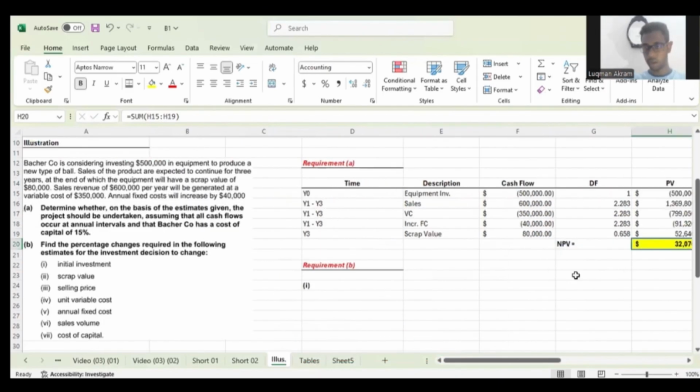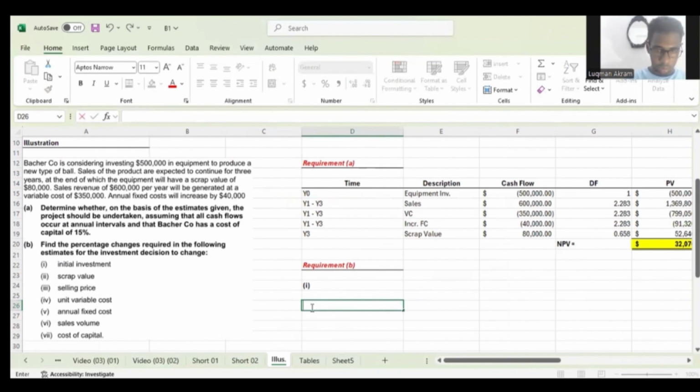Having this, we can calculate the sensitivity. Requirement B is next: find the percentage changes, which is again sensitivity, required in the following estimates for the investment decision to change. Starting off with the first part, which is initial investment, take the NPV first.